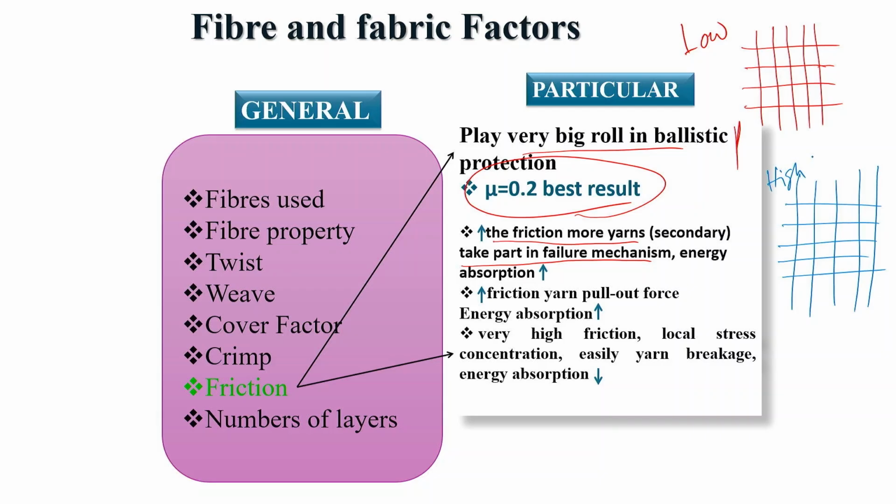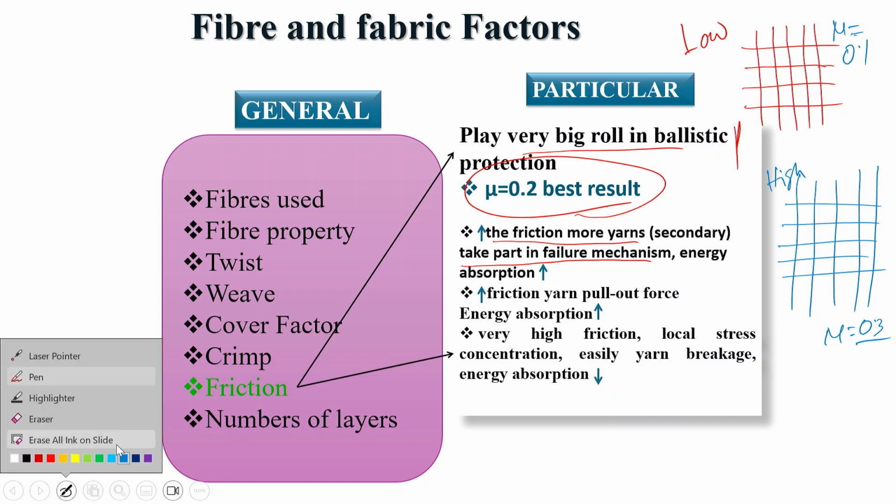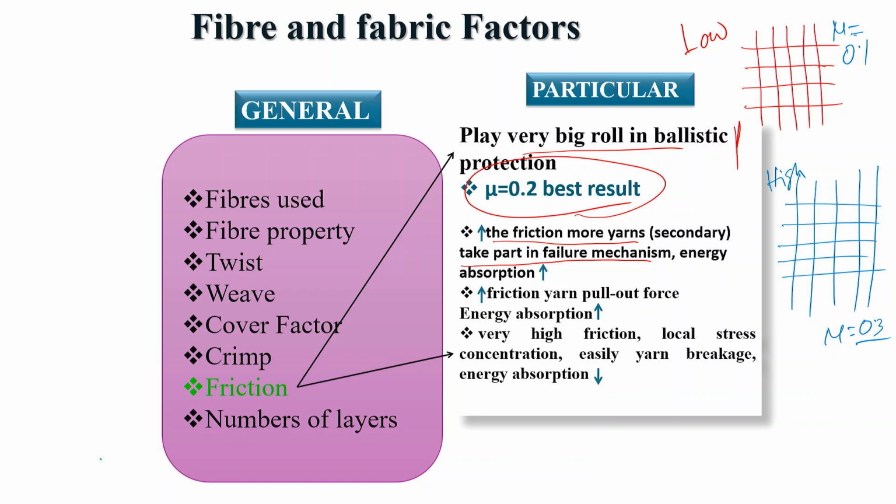Suppose here the frictional coefficient is typically 0.1 mu, here mu is say 0.3, more than 0.2, here less than 0.2. Now, what will happen when a projectile strikes? Suppose there is a projectile striking from one side, and here is a projectile, it is striking.